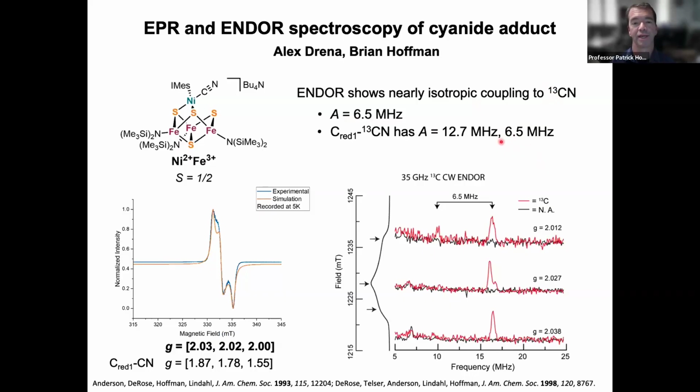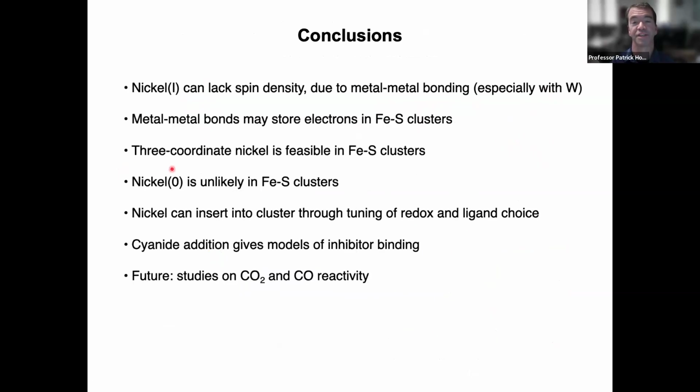So what we're hoping is that in the long run, these kinds of compounds can help us with validation of what structural features correlate with spectroscopic features in the enzyme. And obviously, one of the next things that we want to do is try to get CO and CO2 to bind to these clusters in order to model the system.